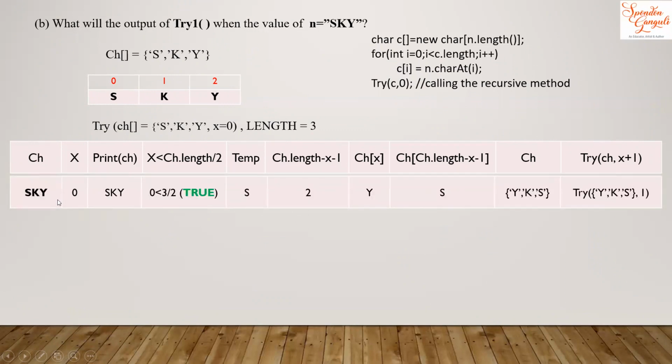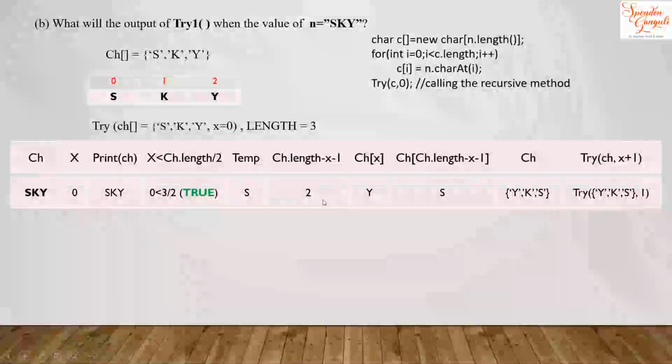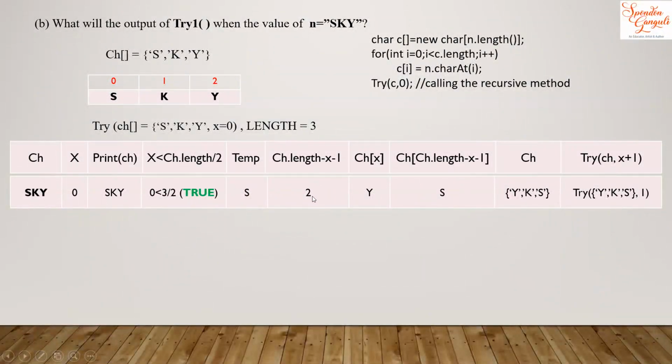So when sky is passed with x at 0, it is printing sky. 0 is less than 3/2, condition true, temp is s. So index position 2 and index position 0 swapped their values. So the value of the character array becomes YKS.